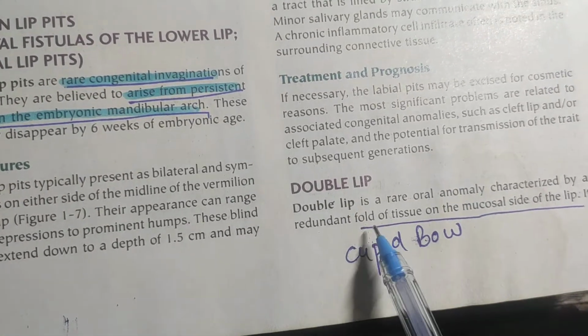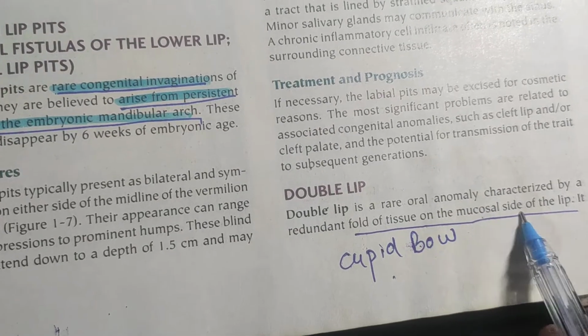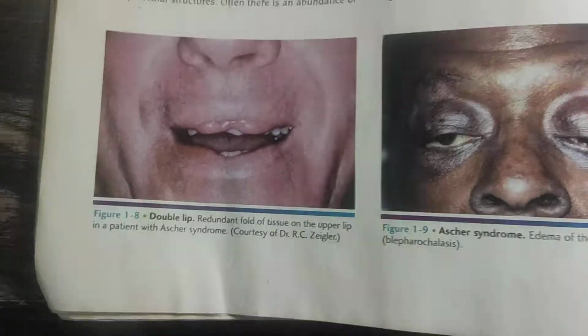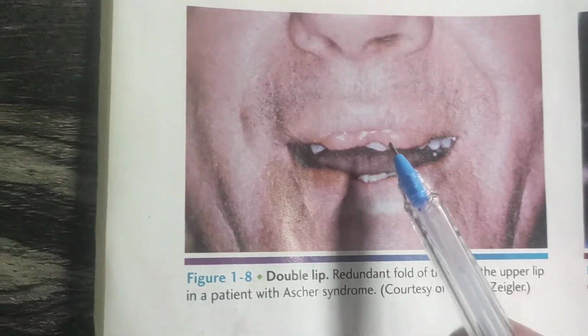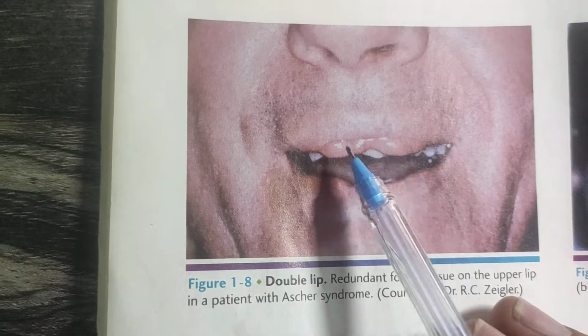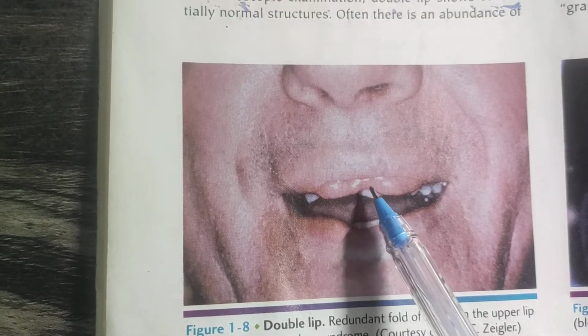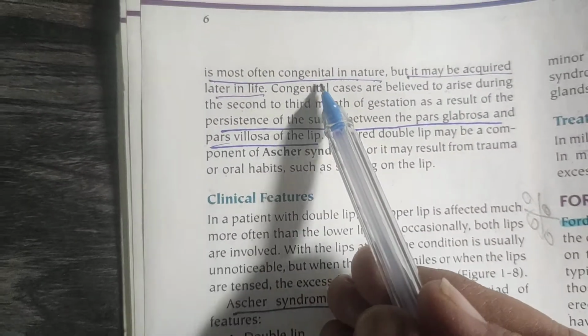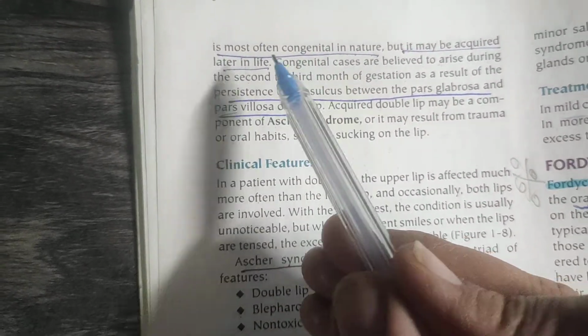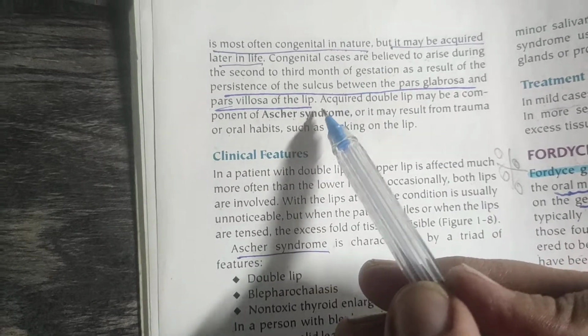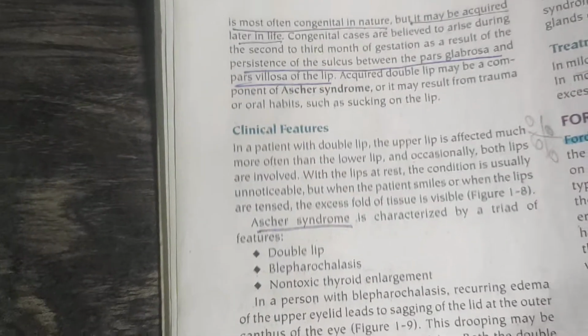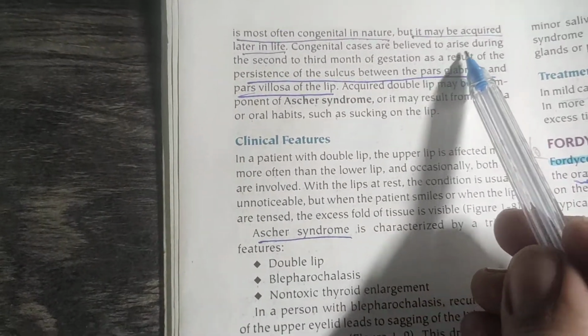There will be a fold of the tissue on the mucosal side of the lip. You can see there is a fold of the upper lip and it looks like a cupid bow shape. It is most often congenital in nature, but it can be acquired later also.